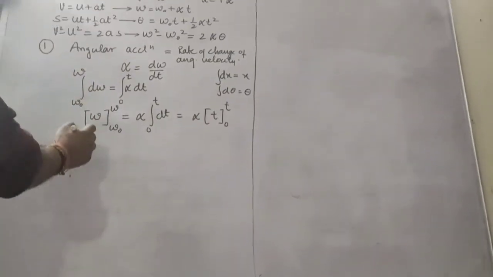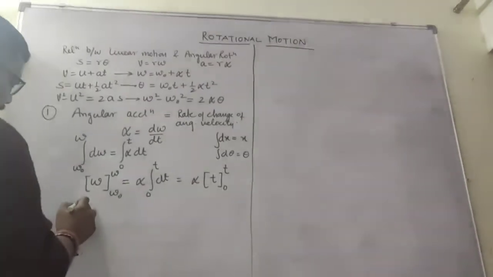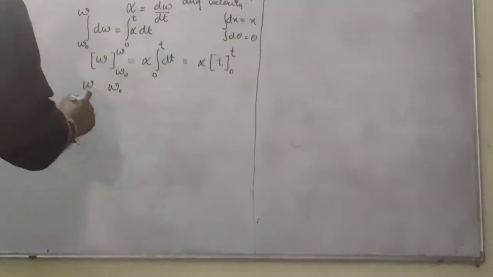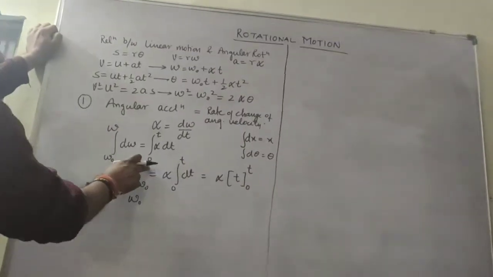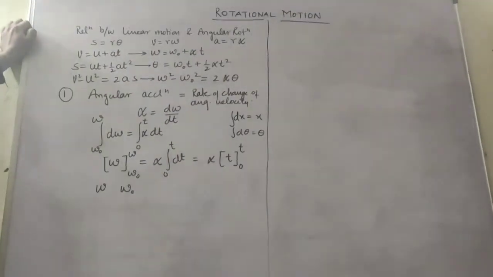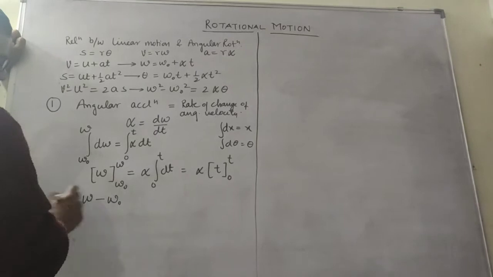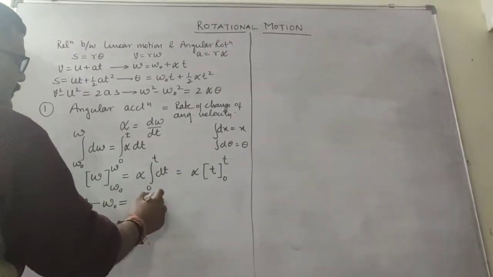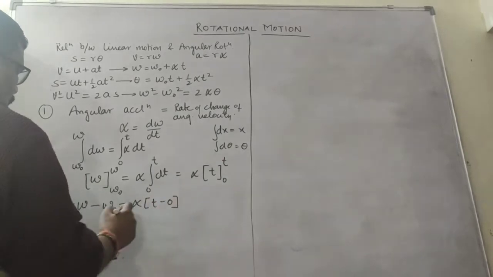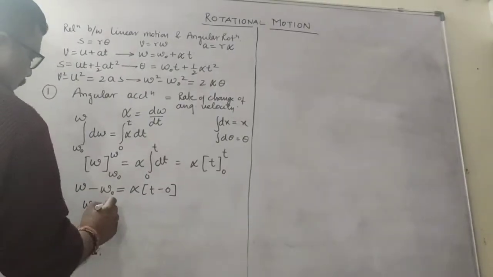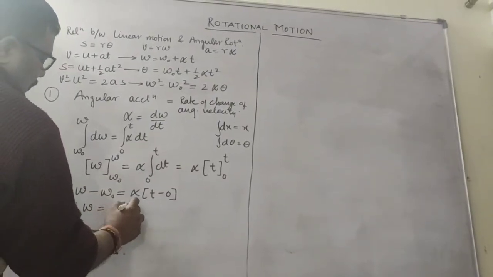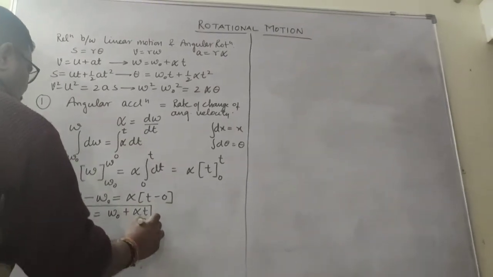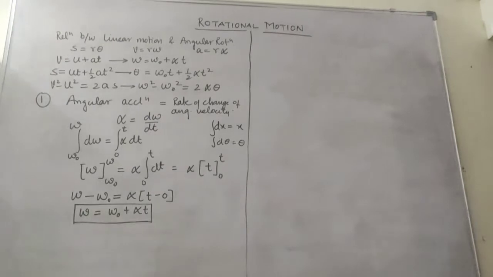Now apply the upper limit omega and lower limit omega naught with a minus sign, and for alpha, upper limit t minus 0. So you are left with omega is equal to omega naught plus alpha t. This is your equation number 1 in rotational motion.